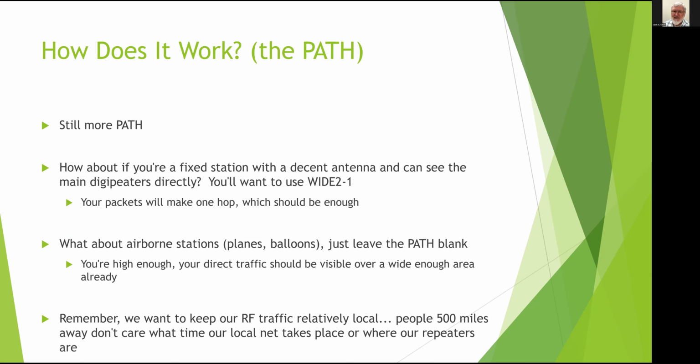If you're an airborne station, that is something at 10,000 feet or higher, for example, a balloon, airplane, rocket, something like that, don't put a path at all. You've got enough visual footprint, line of sight, that you don't need to be digipeating anything. You don't need your packets digipeated at all. Just toss your packet out and everybody will hear it, right?